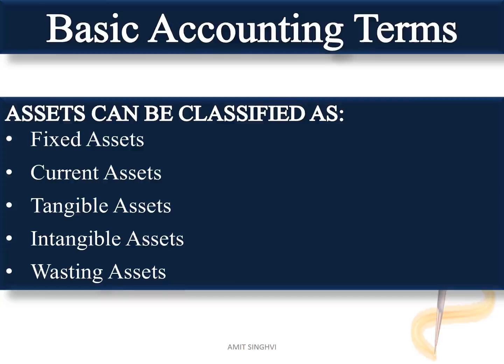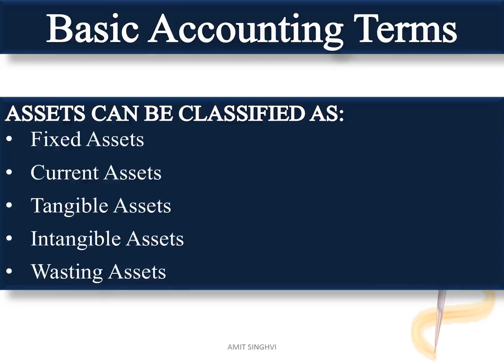Current assets are those assets which can be converted into liquid cash within a short period of time, let's say 12 months. Examples of current assets are cash, bank, debtors, bills receivable, etc. Tangible assets are those assets which can be seen and touched.